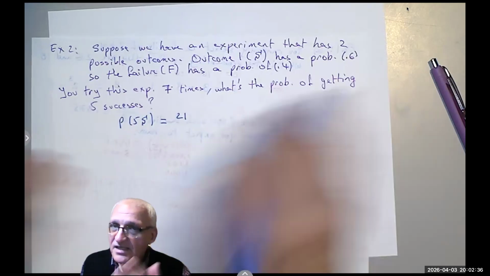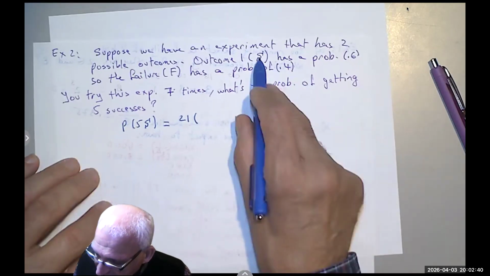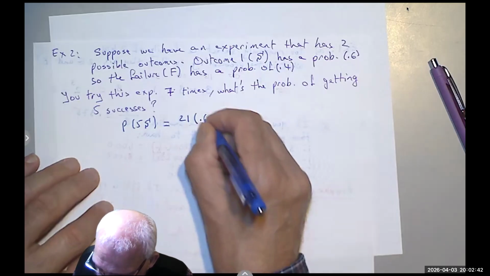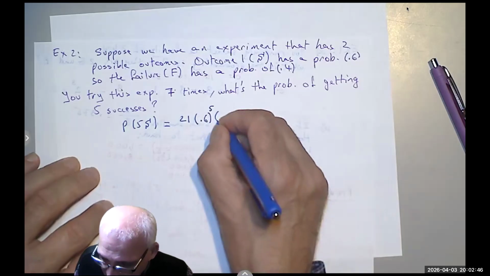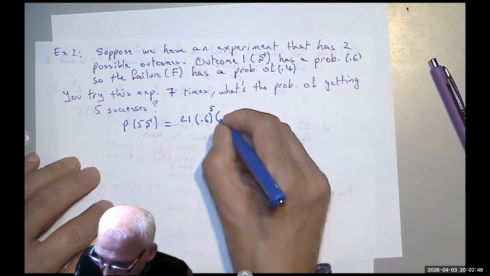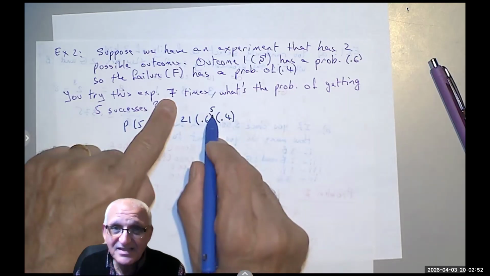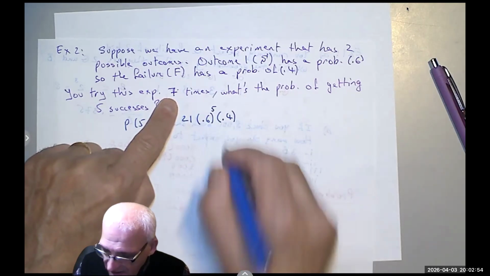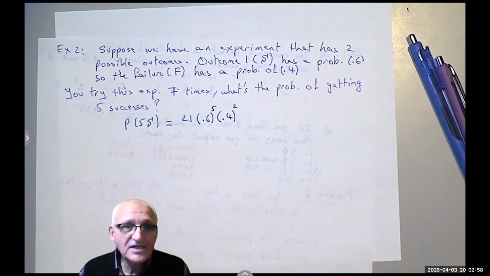But if they are not equally likely, it's so easy. I'm going to say the probability of success is 0.6, and I'm going to raise it to the power of 5. And the probability of failure is 0.4, and it has to be 2 failures because I tried it 7 times, squared. And that's it. That would give me the answer right away.